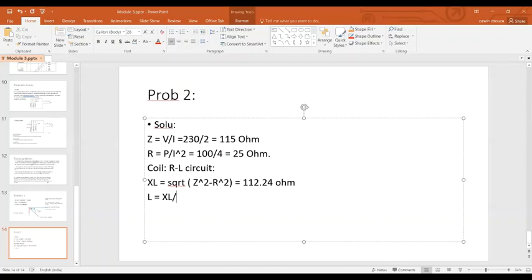And then the L value is XL by 2 pi f, yeah, correct. 0.3573 Henry. So that's your second problem.